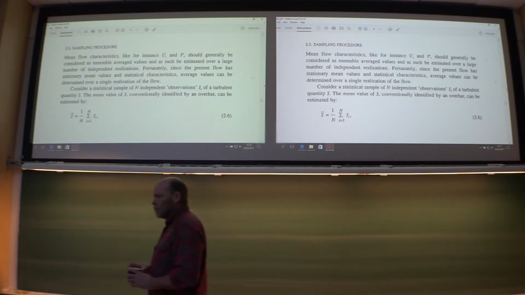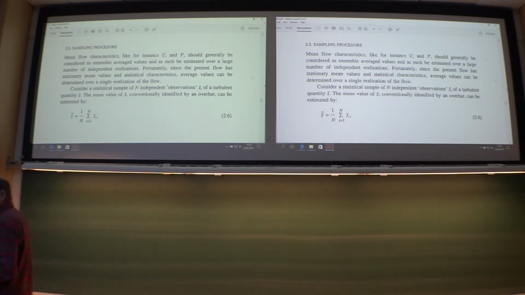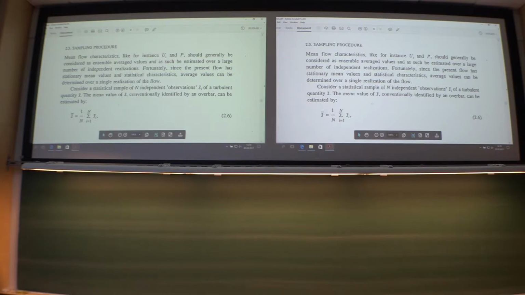So that's one way of averaging. But to get good statistics, you also need averaging in time. So you are talking about obtaining a good ensemble, as you call it, a whole bunch of solutions, and then creating a good average. And the more members in the ensemble that you have, the better the statistics will be.